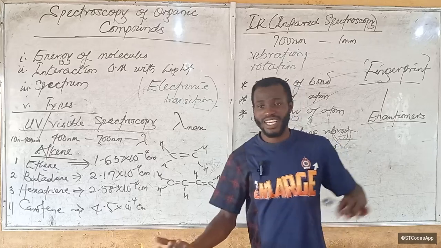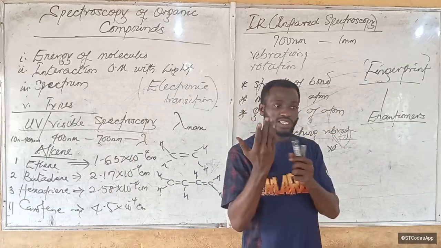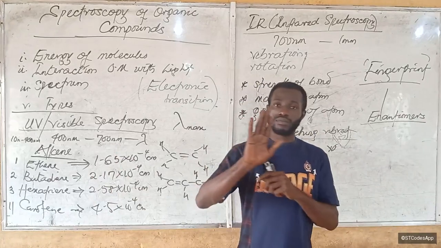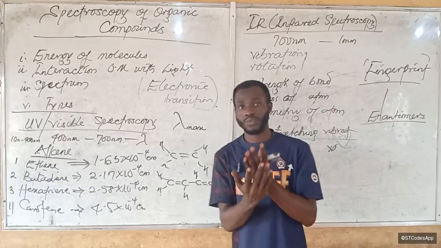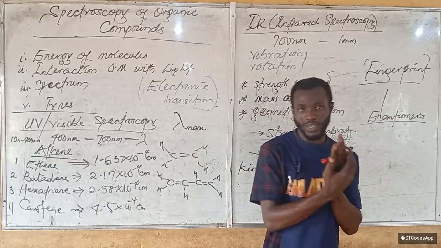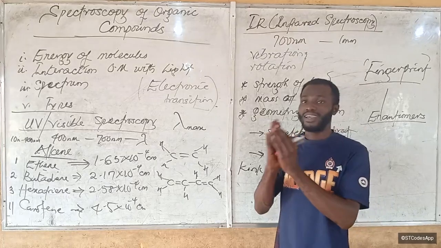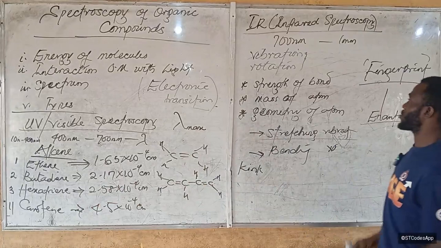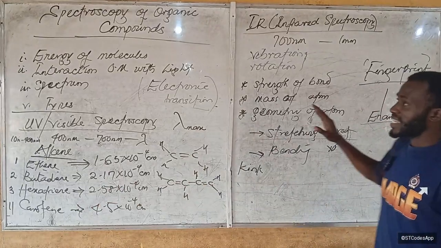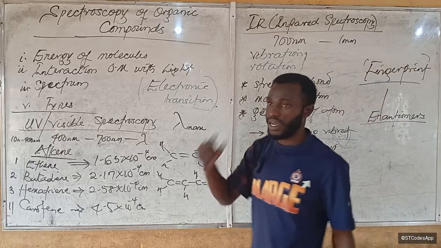Since enantiomers have non-superimposable mirror images, the absorption spectrum also shows non-superimposable mirror spectra. So basically, it means that the IR spectrum is unique for every organic compound.